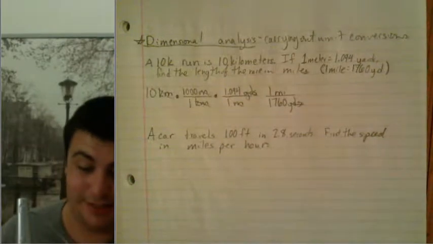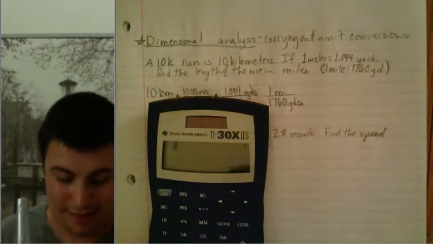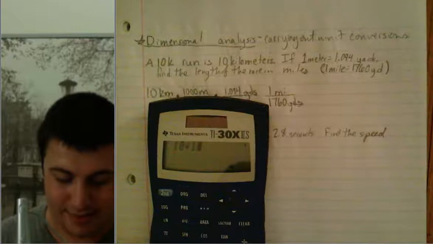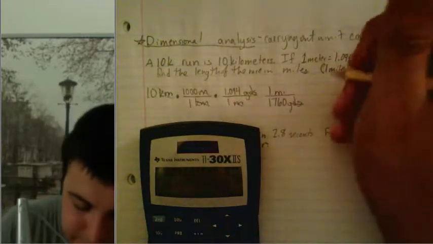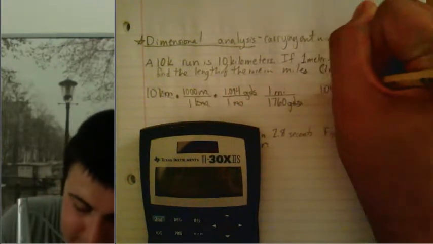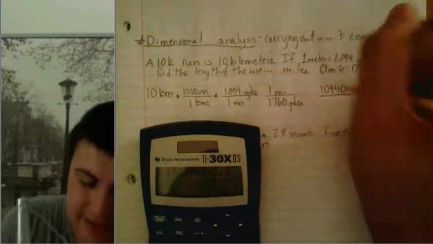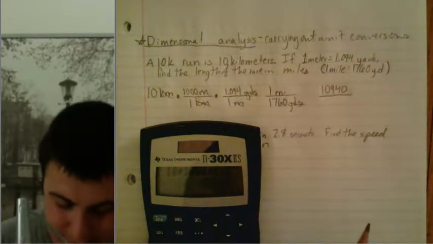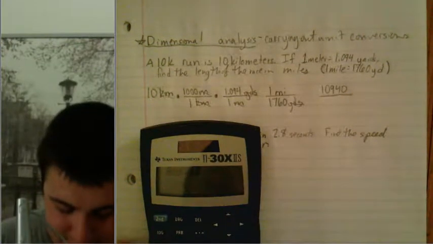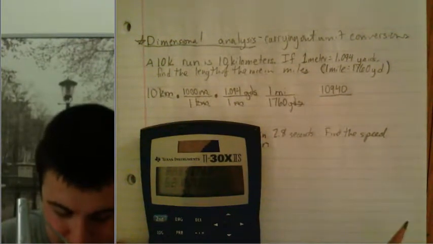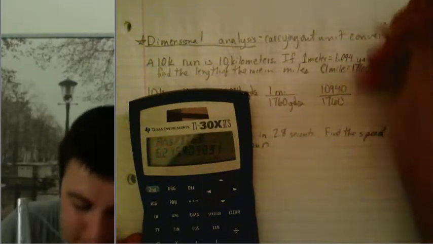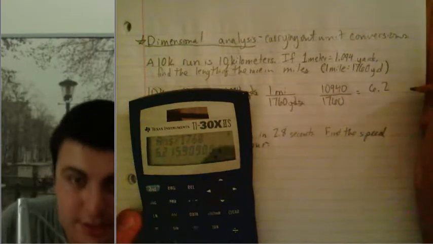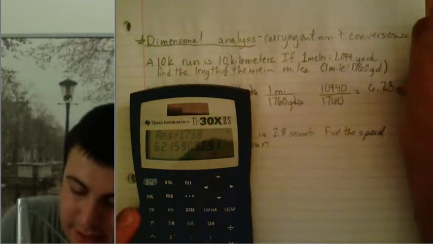So now we multiply straight across. We take 10 times 1,000 times 1.094, and we get 10,940, and we divide that by 1 times 1 times 1,760, so divided by 1,760, and we get about 6.2, and we'll round that to 6.23 miles.